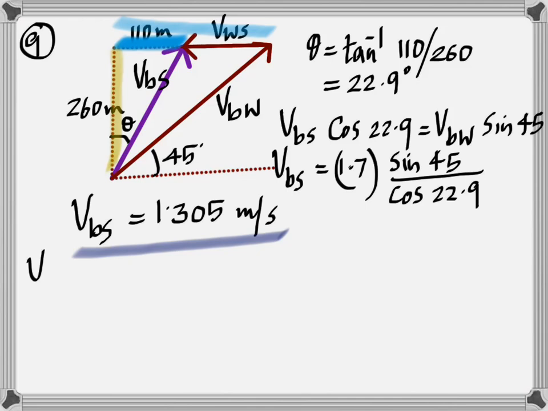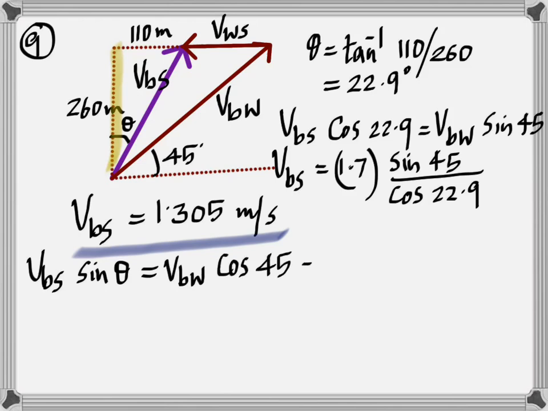And if we get those two, don't we know that the difference between them is 110? Look at the board. If you get the longer one and the shorter one is already 110, can't we find the rest? That's what I'm doing. Okay, that's the idea. VBS sine theta should be equal to VBW cos 45 minus 110. I gave you the idea, I've written it down.